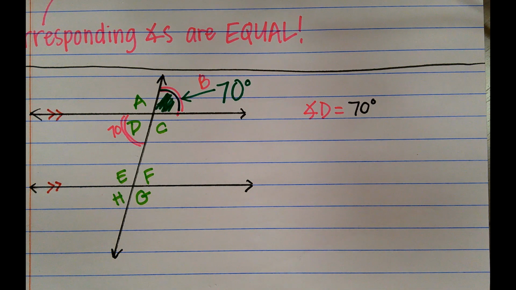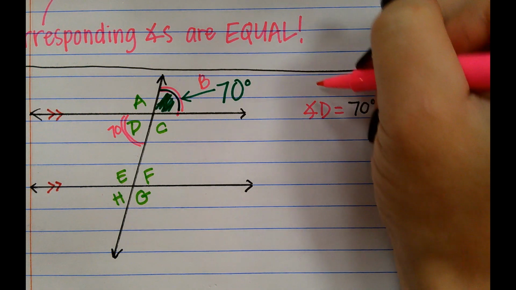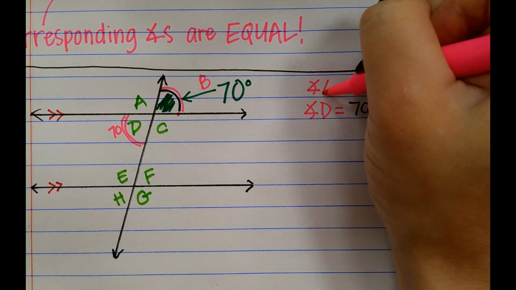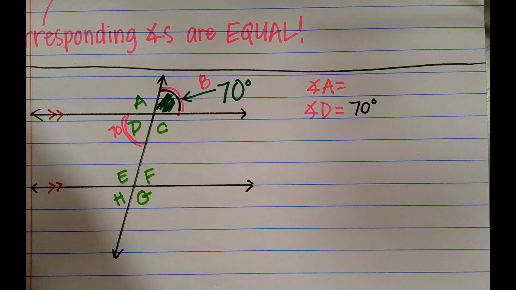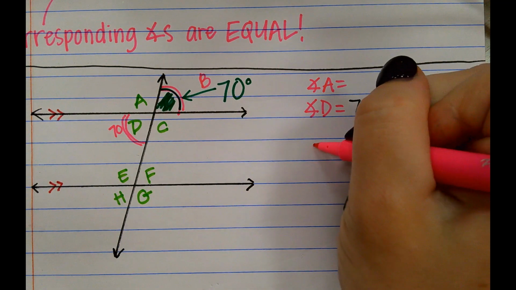Here, I'm going to actually write out a list. I need to solve angle A. I already have B. Oh wow, I shouldn't have done it like that. This is why I should use pencil, you guys. My notes are looking funky.